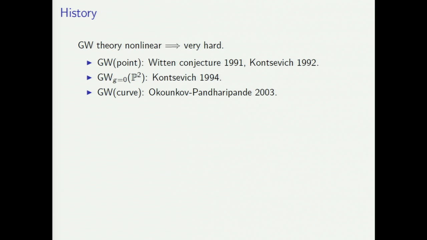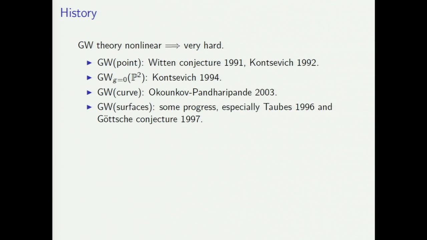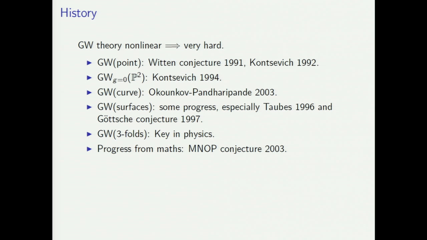Unless your space has a lot of symmetry, it's a toric variety or something, that's really all that's known in Gromov-Witten theory, at least in full Gromov-Witten theory in all genus. We know something about surfaces, especially Taubes' results. Also the Göttsche conjecture, which builds on the Yau-Zaslow conjecture, which is on the next slide about K3 surfaces. But we're going to jump straight to threefolds, where there's the MNOP conjecture.